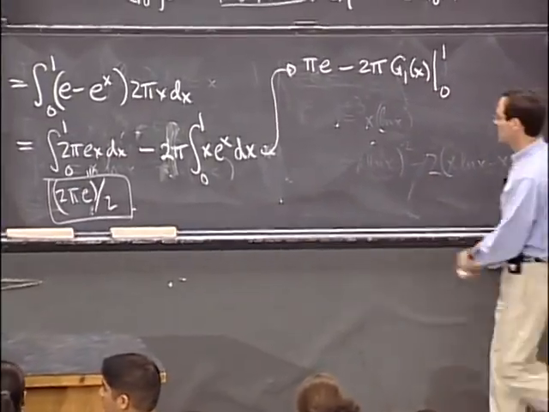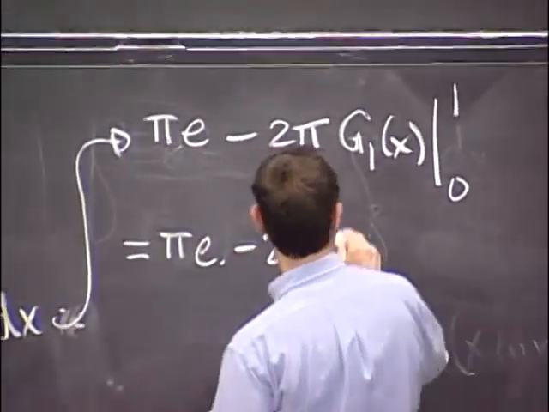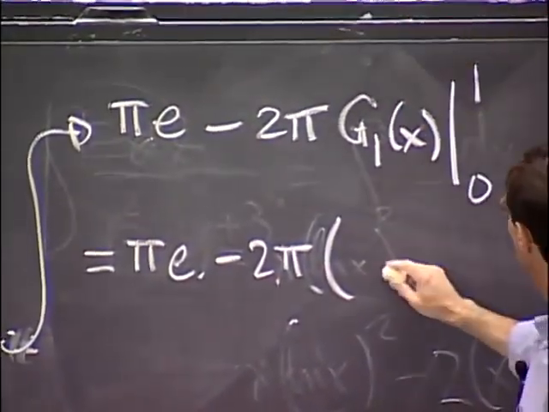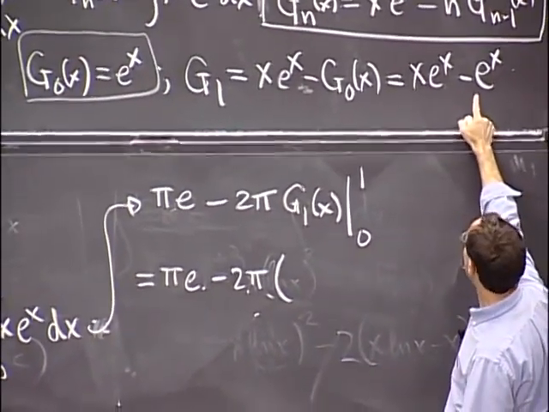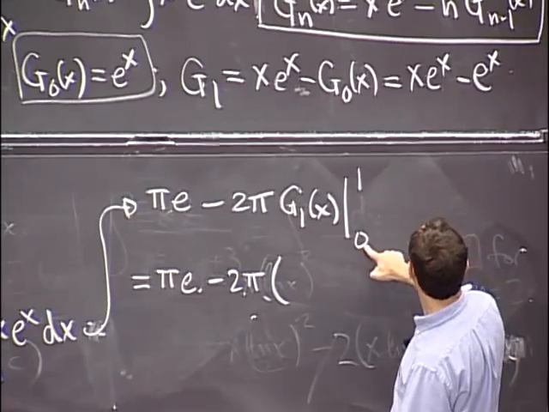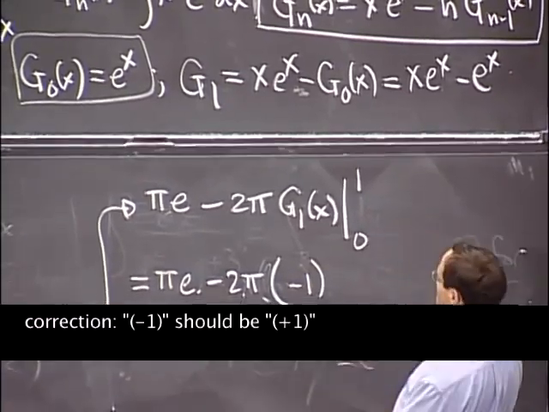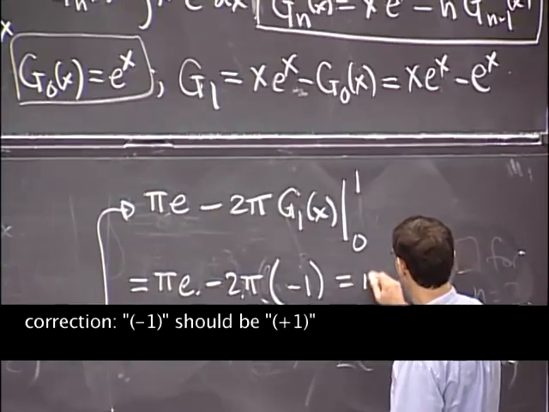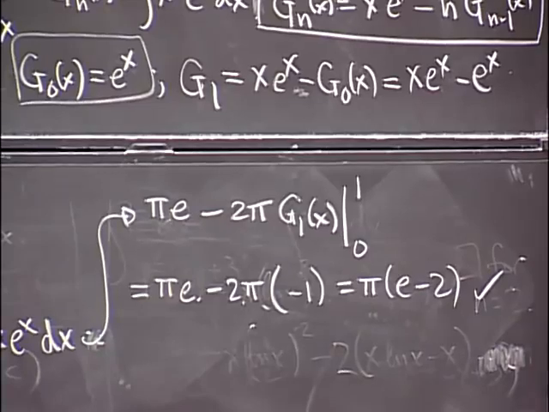So let's make sure that it's the same as what we had before. It's pi e minus 2 pi times, here's G1, so it's x e to the x minus e to the x. So at x equals 1, that cancels. But at the bottom end, it's e to the 0, so it's minus 1 here. Is that right? Yep. So it's pi e minus 2. It's the same.